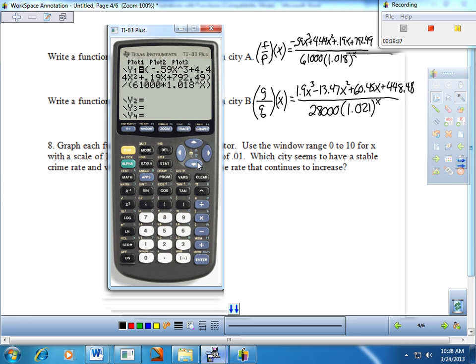Let's go get the next. So parentheses around the top, same deal. Let's go get this other per capita. Got that right there. Okay, I'm rolling.